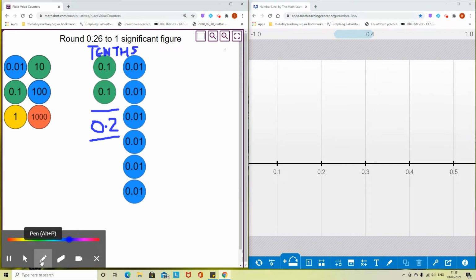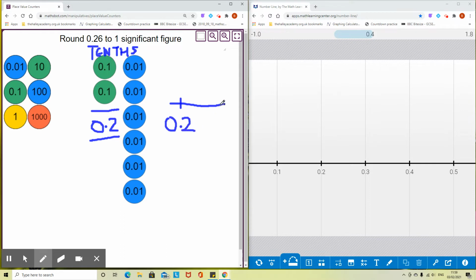So I'm going to make a rough sketch of a number line based on the given significant figure. So that's 0.2, and the end value is 0.3. I meant the next one.